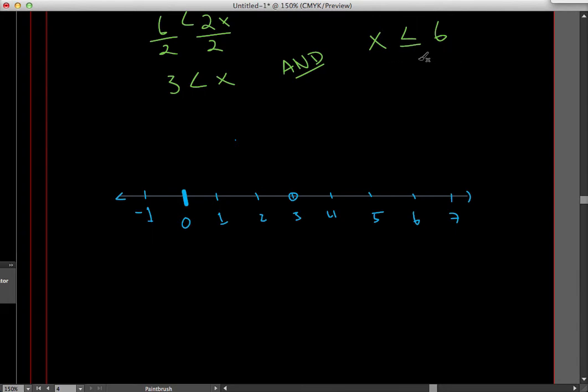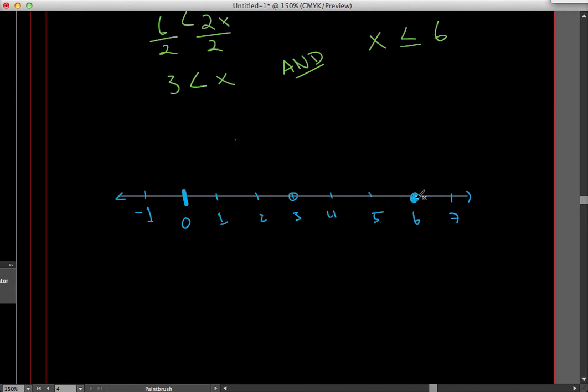So now we have the inequality x is less than or equal to 6. Well, less than or equal to would be a closed circle, so I'm going to fill that in. With the closed circle, now we have x values, everything that must be less than or equal to 6.